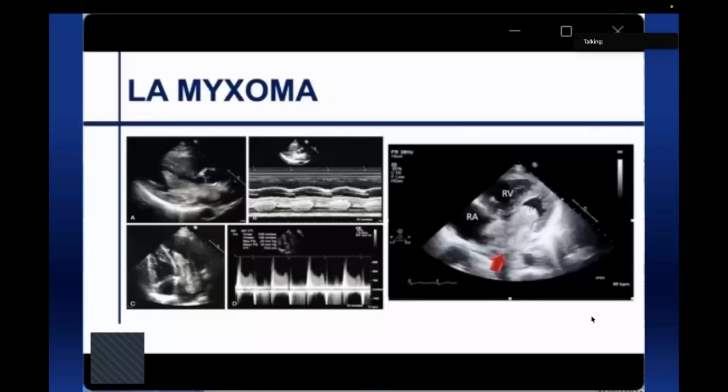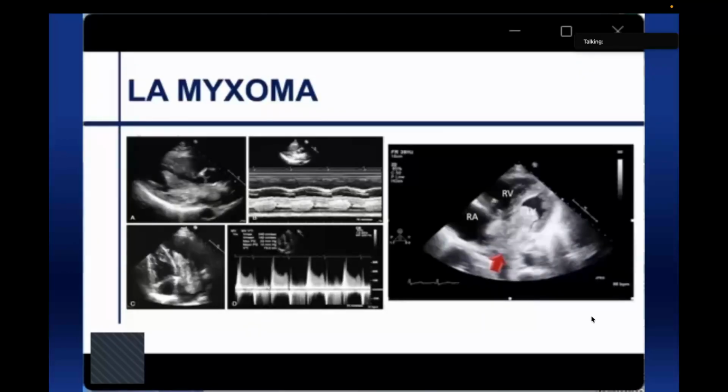In left atrial myxoma, here in letter A, you can see a parasternal long axis view, B mode. B, you have M mode view showing the mass prolapsing through the mitral valve into the left ventricle in diastole. Letter C, the one in your left lower, is an apical four-chamber view.